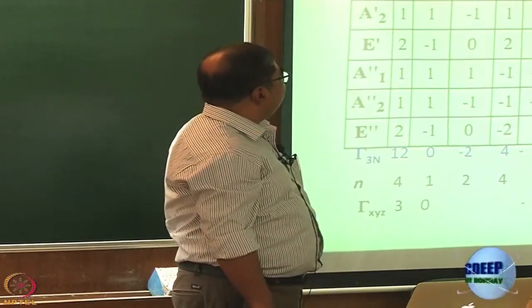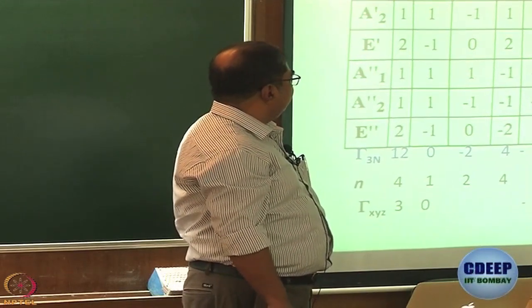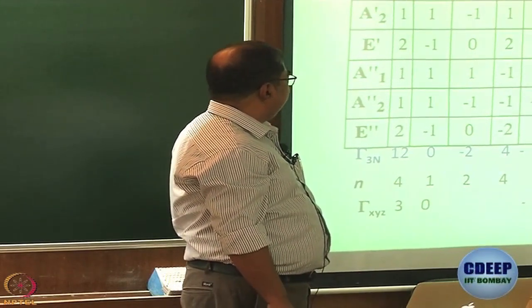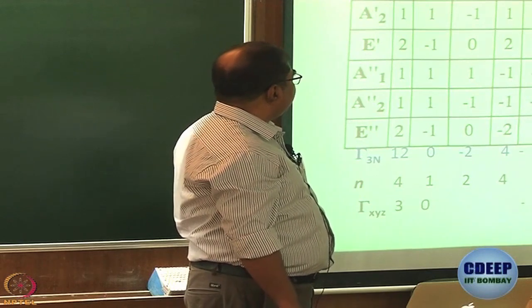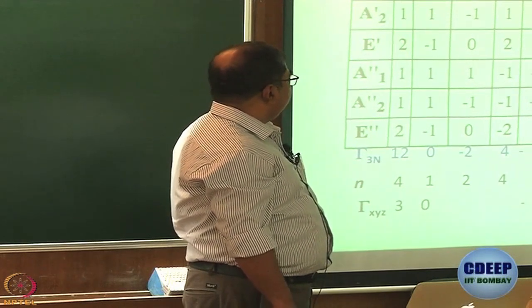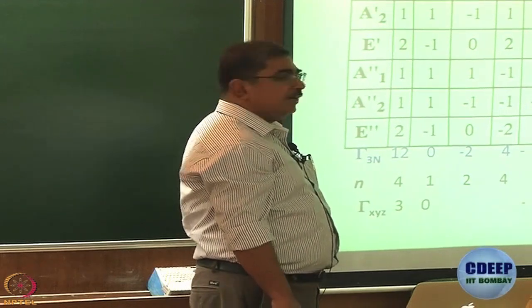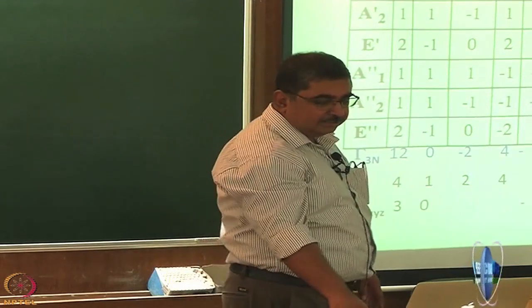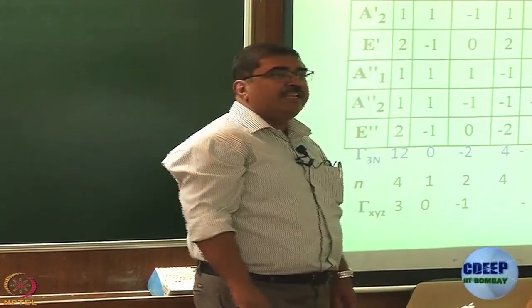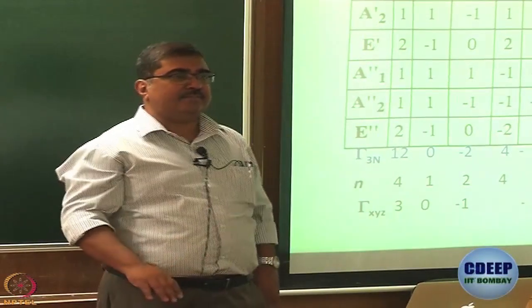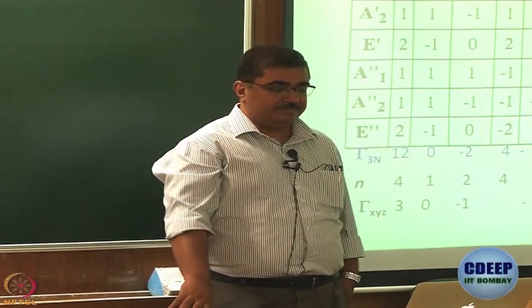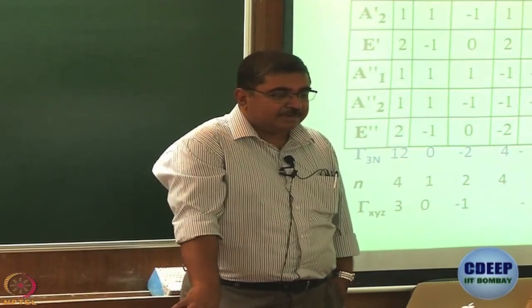So what will be the character for C2 dash? C2 dash? 0 plus 0 minus 1? Is that -1? What will the next character be? What is the character for sigma h?